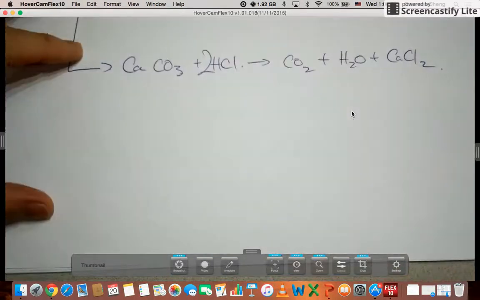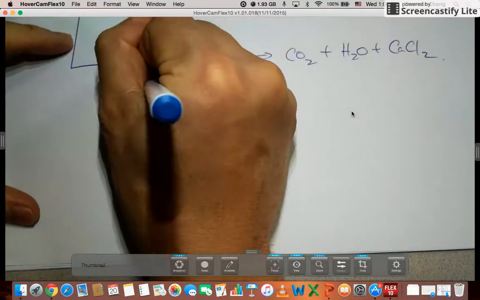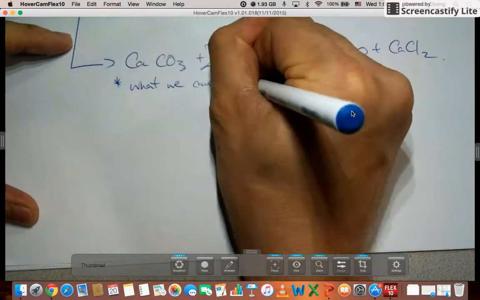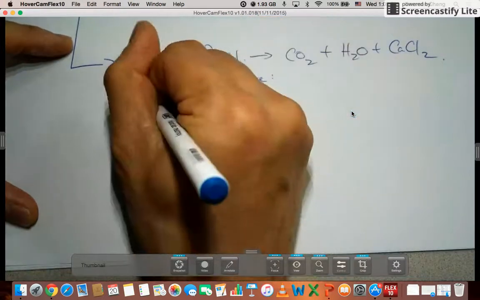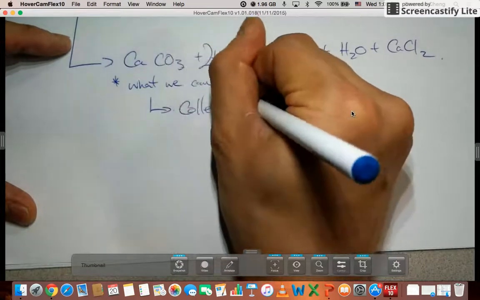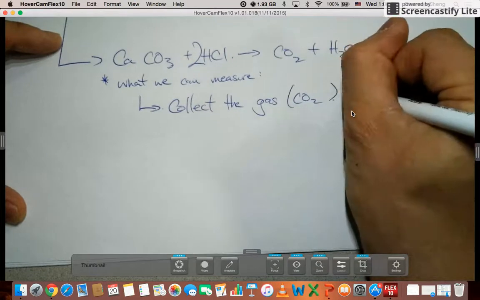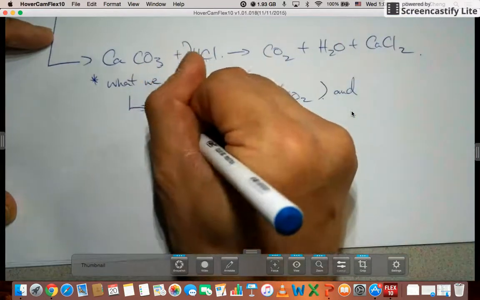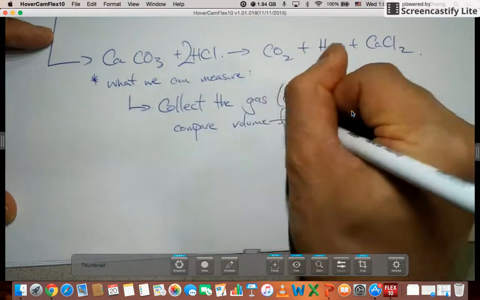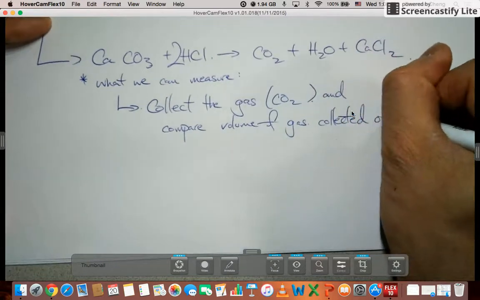Now, what we can measure. We can collect the gas, CO2, and compare the volume of gas collected over time.